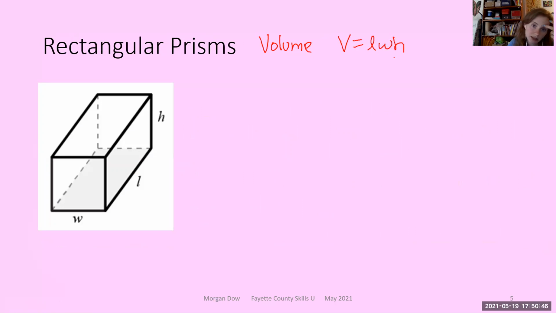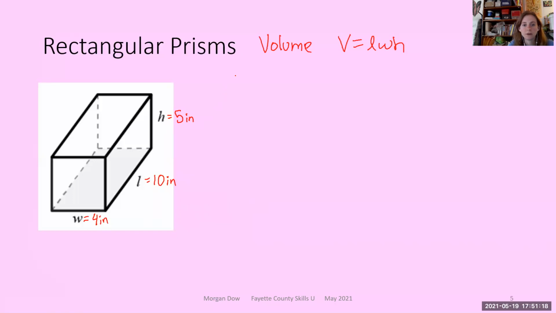So in order to calculate the volume of a rectangular prism, you multiply the length by the width by the height. So for this rectangular prism on the screen, I'm going to go ahead and give us some measurements to work with. So for this particular box, the length is 10, the width is 4, and the height is 5 inches.